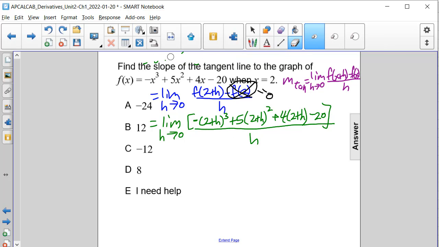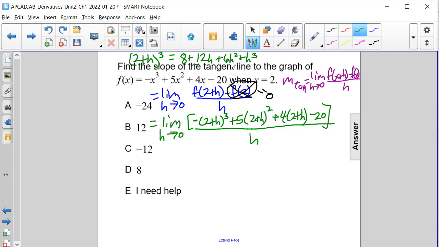The next thing that we are going to do is we are going to cube 2 plus h. And when we do that, it will end up being 8 plus 12h plus 6h squared plus h cubed.